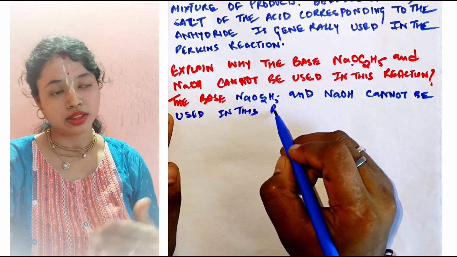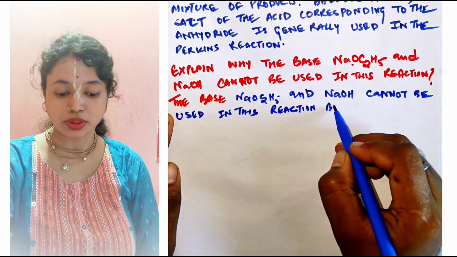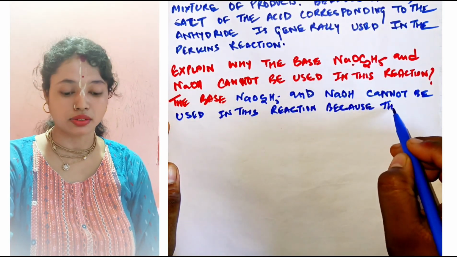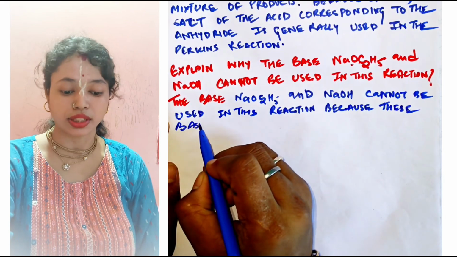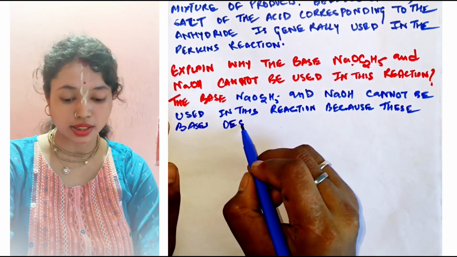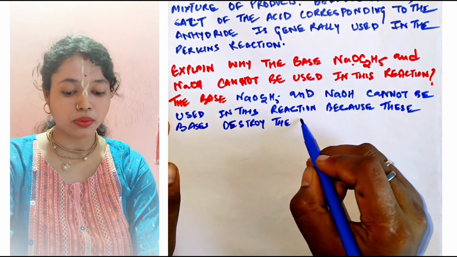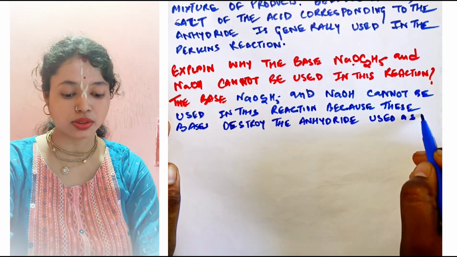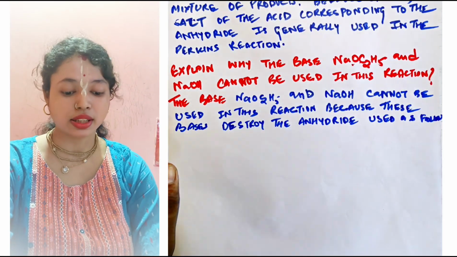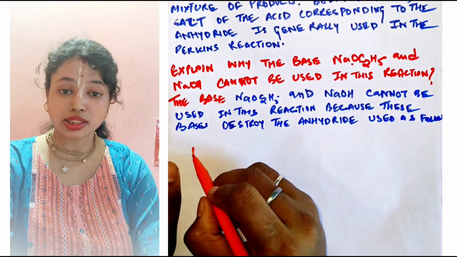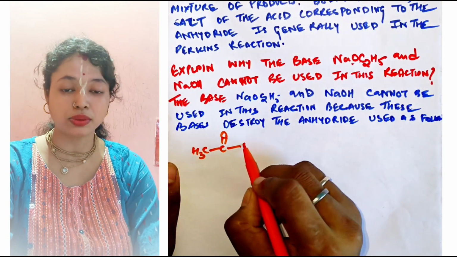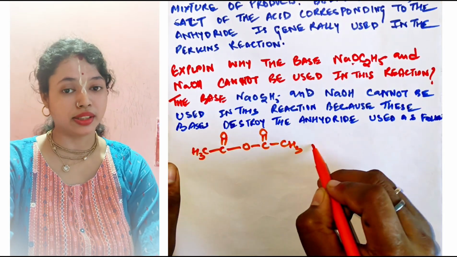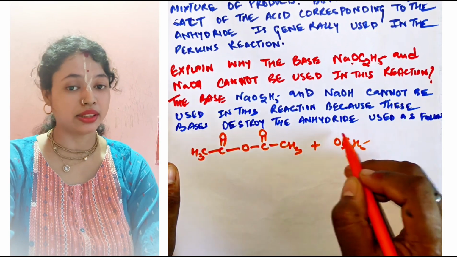The reason is that this OC2H5, being a very strong base, will hamper the anhydride. Rather than taking up hydrogen, it will first go and react with the anhydride.